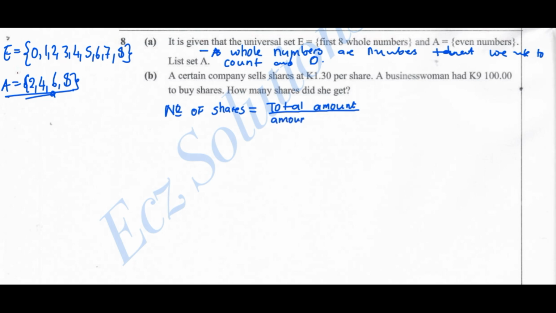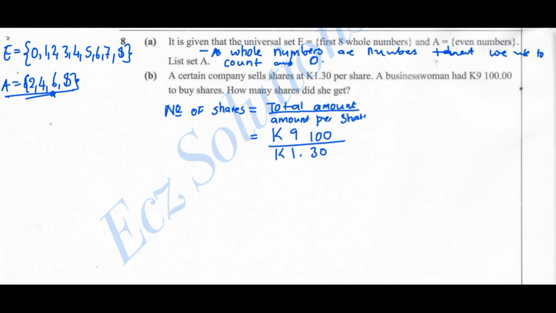So you just have to put the total amount of money that person has on top, which is 9,100. Then you divide by the amount per share, which is 1.30 kwacha.